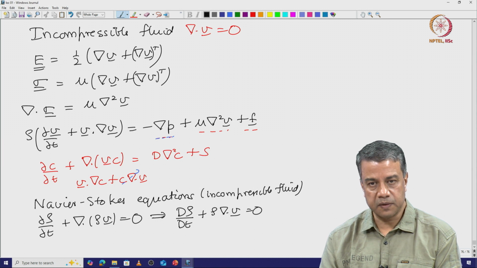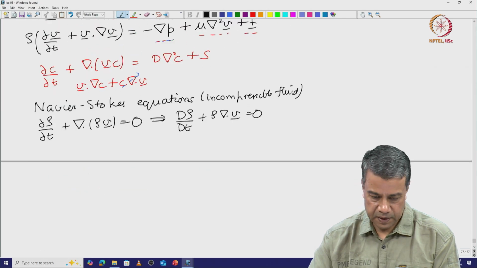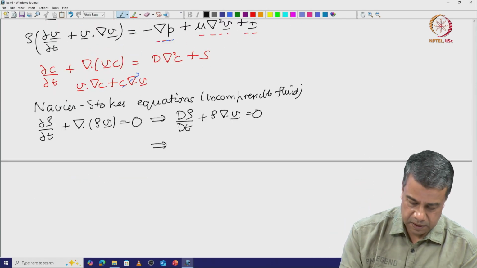And for an incompressible fluid, the density does not change, which implies that the divergence of the velocity is equal to 0.